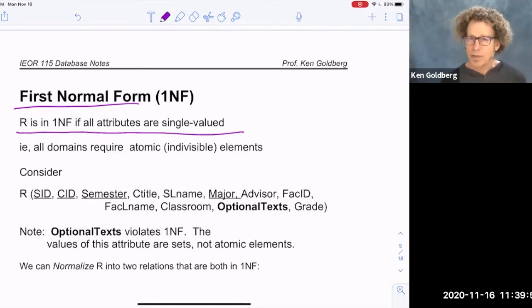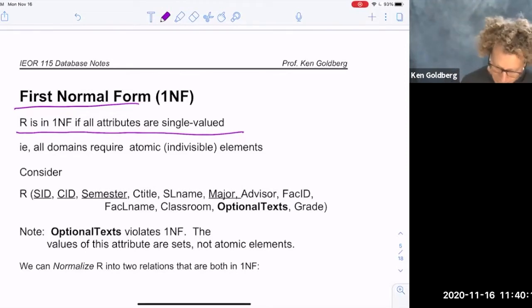But the rest of the world, especially someone who isn't a trained relational database designer like you, may not know that. So many of your clients may have spreadsheets where they have some columns, some attributes, where they can stick in multiple values.